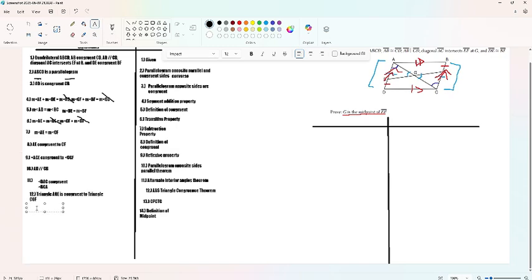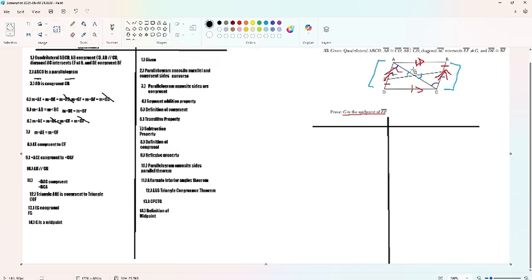Alright, now CPCTC, we can say that segment EG is congruent to FG, and now we can say G is a midpoint. Definition of midpoints. Okay, let's check our work.